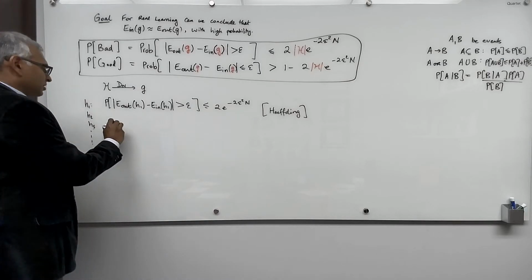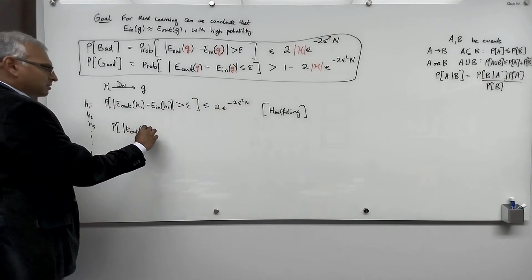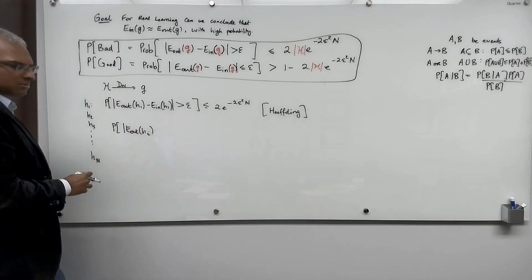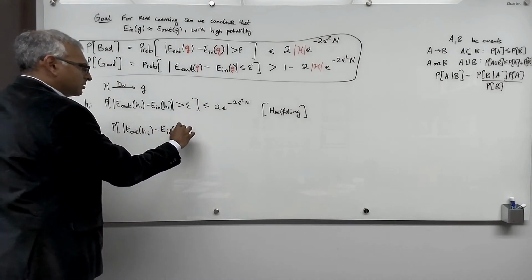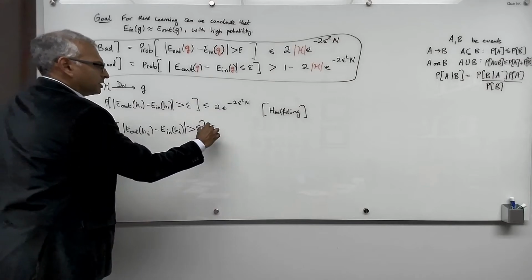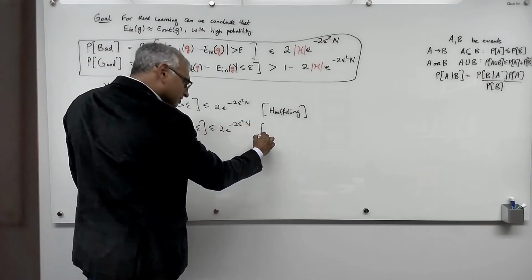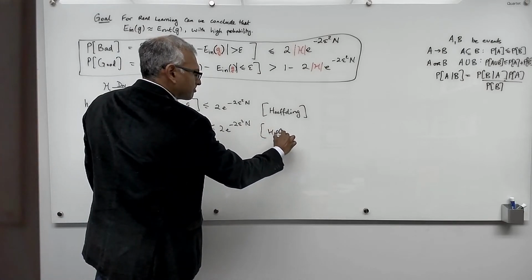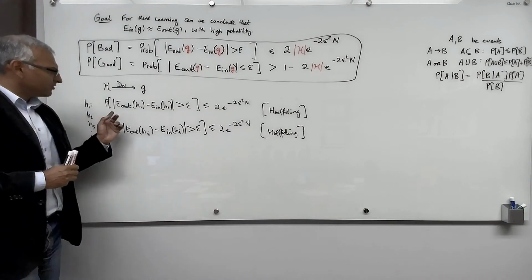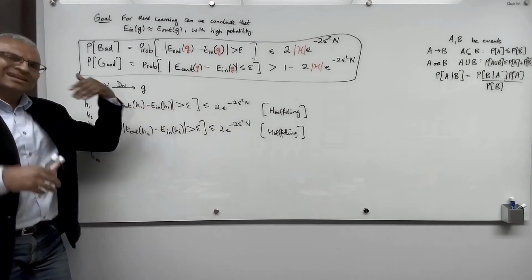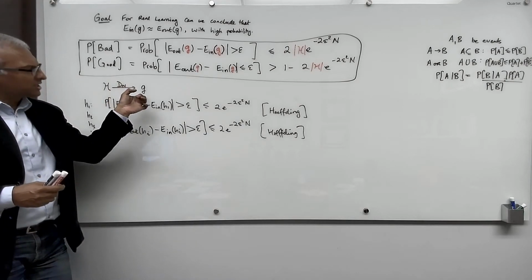The probability that E out of H sub i, for any fixed member of my hypothesis set, minus E in of H sub i is greater than epsilon is less than or equal to 2 e to the minus 2 epsilon squared n. This is again Hoeffding, and the reason is that any specific hypothesis in my hypothesis set does not depend on the data set. The problem is that g depends on the data set.